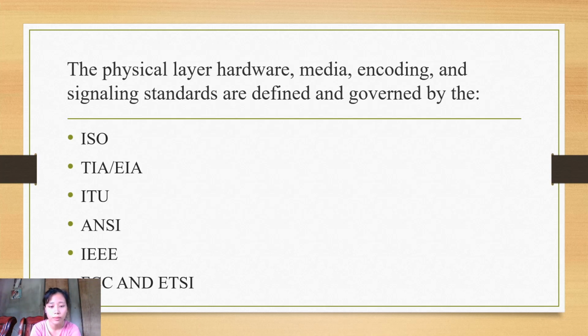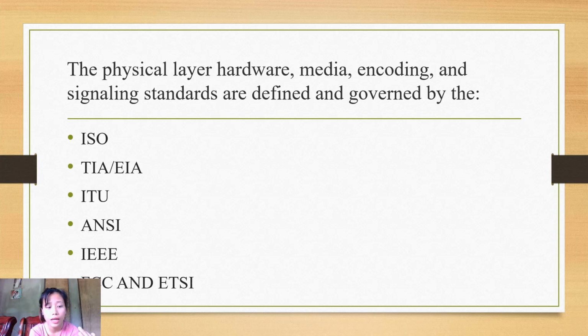For the next one, we have the physical layer hardware, media, encoding, and signaling standards, which are defined and governed by the ISO, TIA, EIA, ITU, ANSI, IEEE, FCC, and ETSI. ISO stands for International Organization for Standardization.